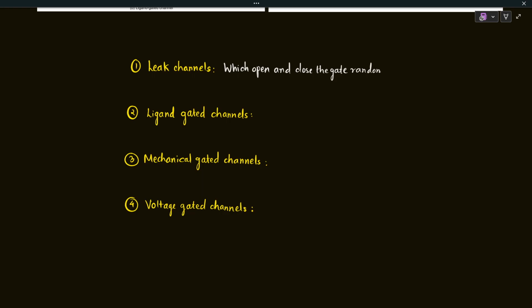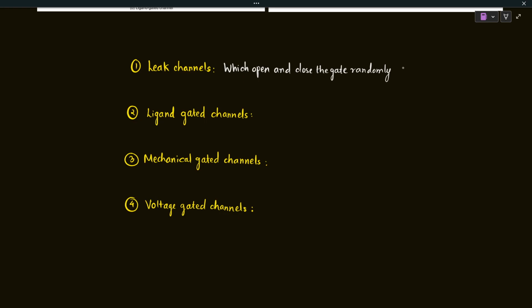It doesn't matter whether the stimulus is there or not. The interplay between the open conformation and closed conformation is quite random, and that is why they are known as leak channels, because the ions are going to leak through those channels randomly.